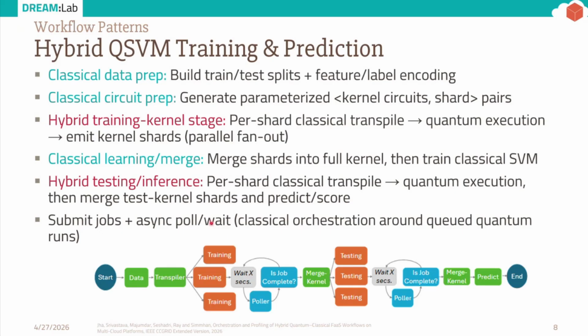And once your kernels execute, you then have a classical step where you merge the kernel outputs back together into the trained model, and then again you can run a test circuit using your test data in a similar manner using the trained model. And this again has a similar kind of workflow, and you are done with this, right?